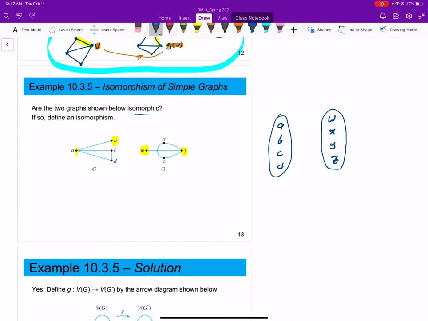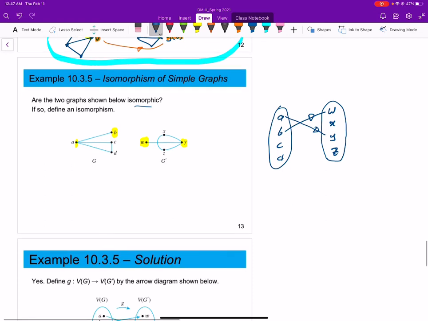So what I said was B goes with W, and then A goes with Y, and thereafter C and D. This C is adjacent to A and the degree of C is 2.